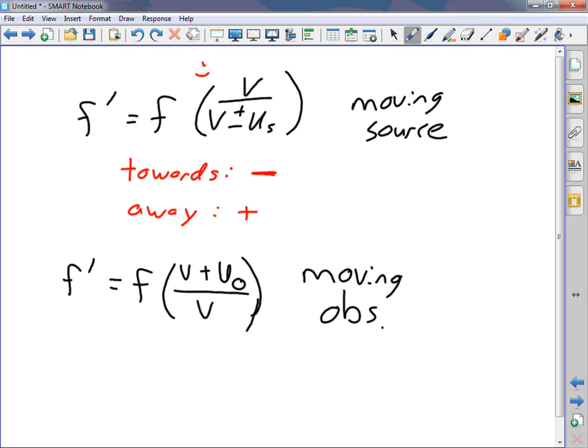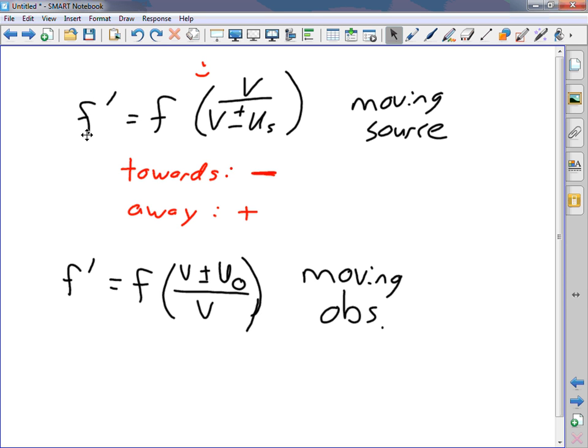The same Doppler effect will happen if you are in your car. Plus or minus U sub O, the velocity of the observer. The same effect happens if the police car is driving towards you, passes you, and goes away from you.